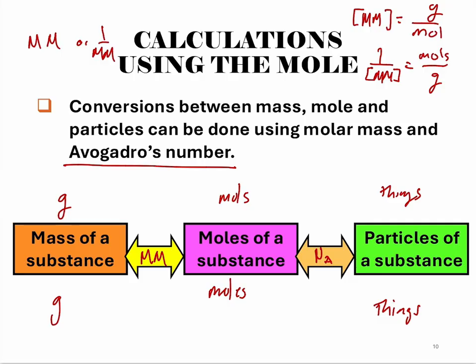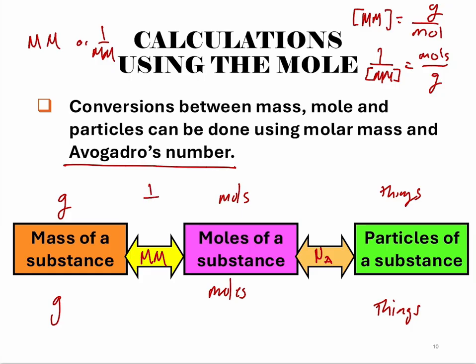Right, so if we're going from grams, meaning we start with something in units of grams, do we multiply by the molar mass or by 1 over the molar mass? 1 over the molar mass. How do you know? Because 1 over the molar mass is equal to moles over grams. We have moles in the numerator there, which is where we want it if we want to end with units of moles.